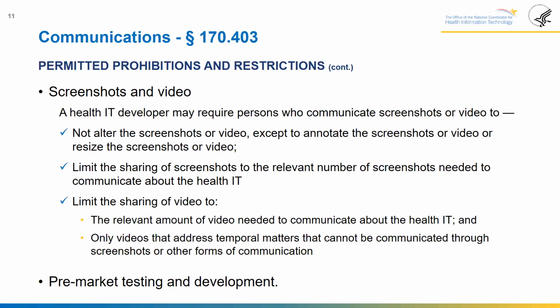What are we talking about there? An example would be some type of latency issue, right? Where you're making an order through the user interface, and because of the time it's taking for that order to go through, you end up duplicating the order. And so that creates a safety issue. And that can only maybe be illustrated through the use of video.